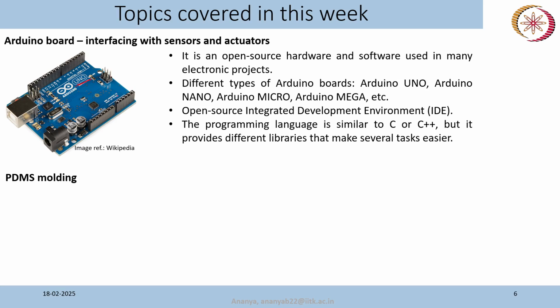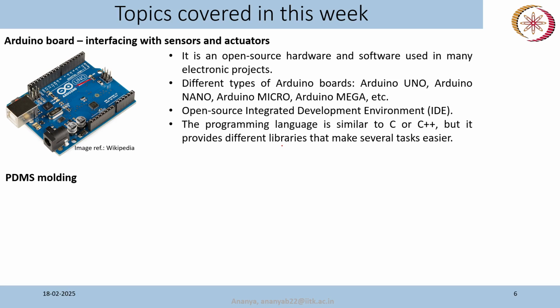Basically it has a microcontroller IC, and as I discussed in the first or second week classes, in a sensor system we basically have three components. We have sensors, then we have a decision making unit, which will take the sensor output as input. So whatever the sensor senses, that data will be sent to the decision making unit, which will be like a microcontroller, and there can be other peripheral components also.